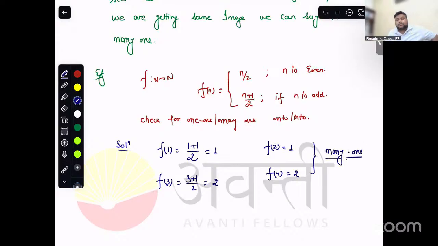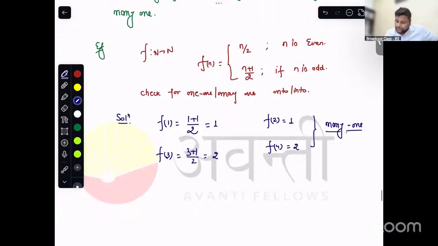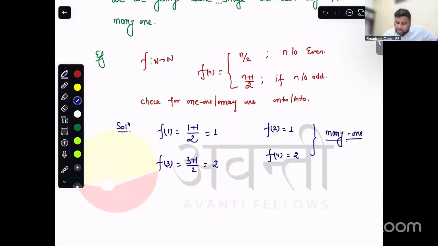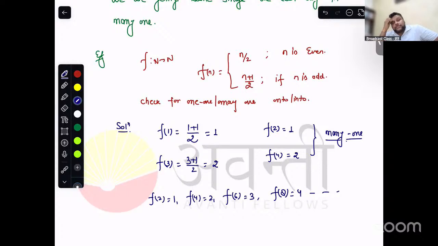Am I correct or wrong? Now, if you realize, for all the even numbers, you are getting f(2) is 1, f(4) is 2, f(6) is 3, f(8) is 4, and so on. So you are getting the image as all the natural numbers, which is also the codomain.